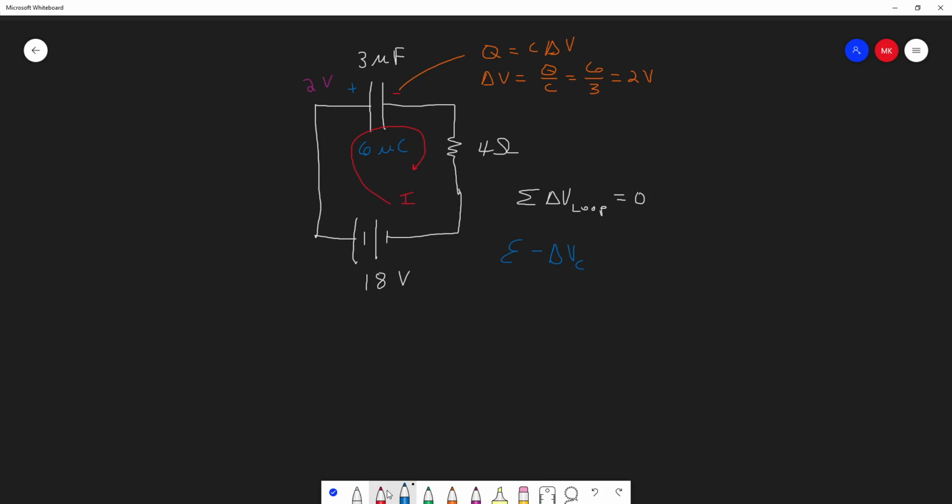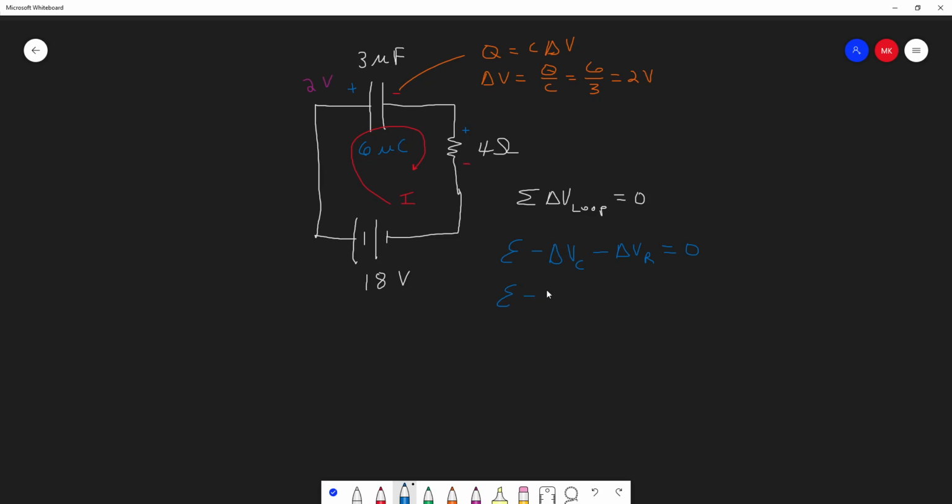And then I have my resistor. Remember, with current going through it, current goes as such, meaning that if we're looking at this resistor itself, the top end of the resistor is at a higher voltage than the negative end. So I'm going to say minus delta VR, and that all equals 0.